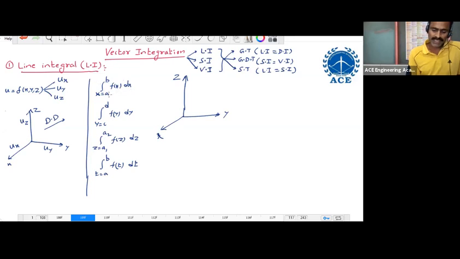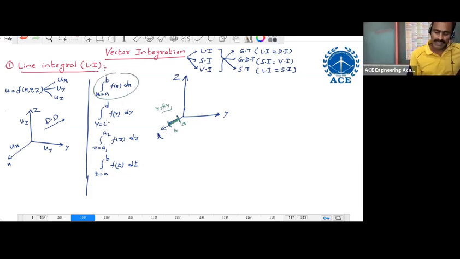We evaluate this integral along the x-axis because along the x-axis we can obtain the projection of the curve y equal to f of x from a to b only. That's why we evaluate this integral along the x-axis from a to b only.